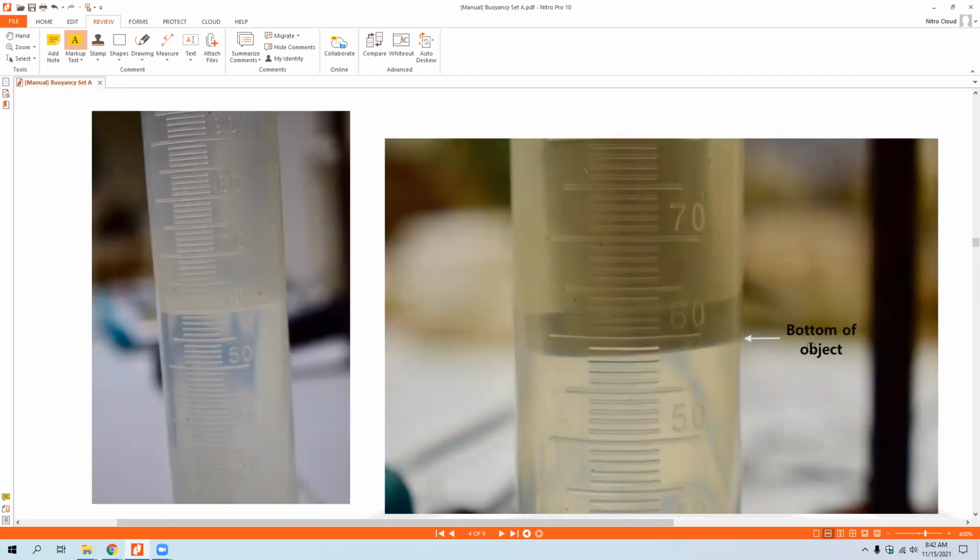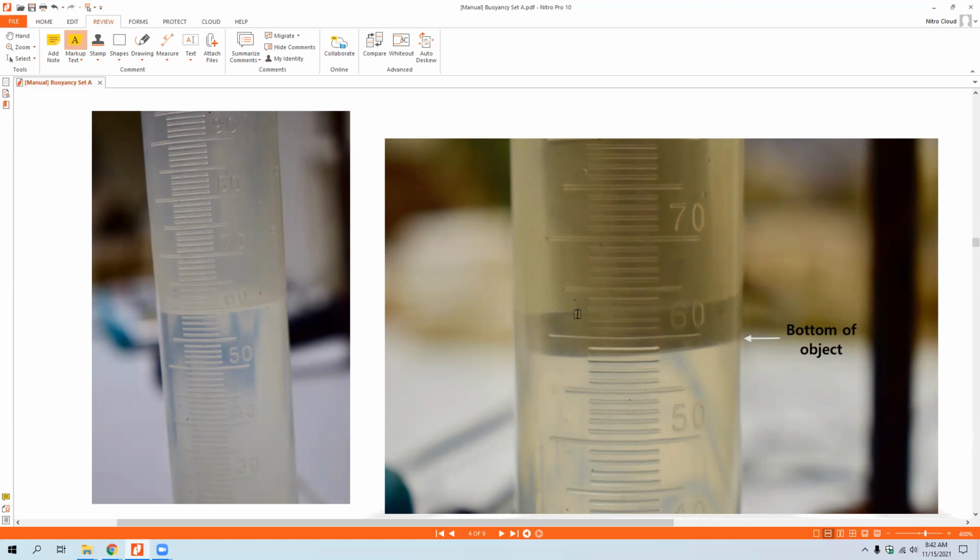Tingnan nyo dito. This is the bottom of your object. And now, we measure with respect to yung upper boundary na ito. Ito yung bagong displaced volume natin. Ito yung volume na bago.